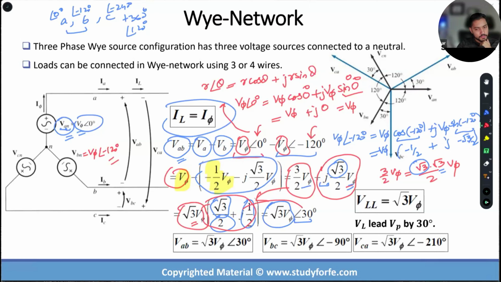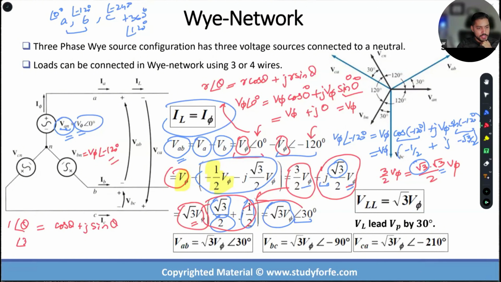So how did I make a jump from here to here? It's pretty simple. So if I have a phase angle of theta with a magnitude of, let's say, 1, it becomes cosine theta plus j sine theta, correct?